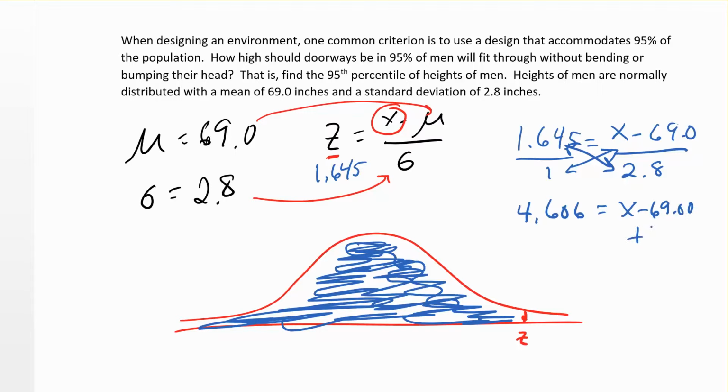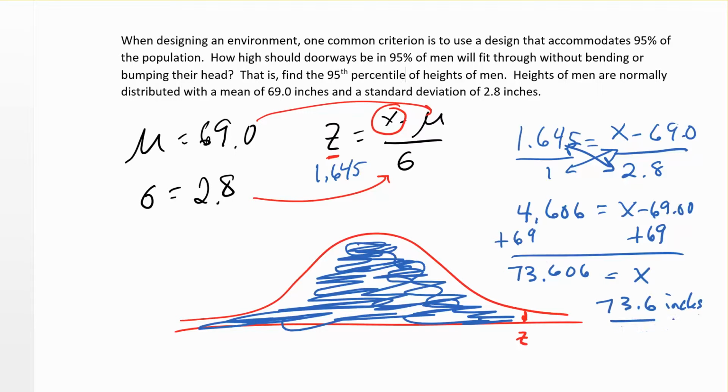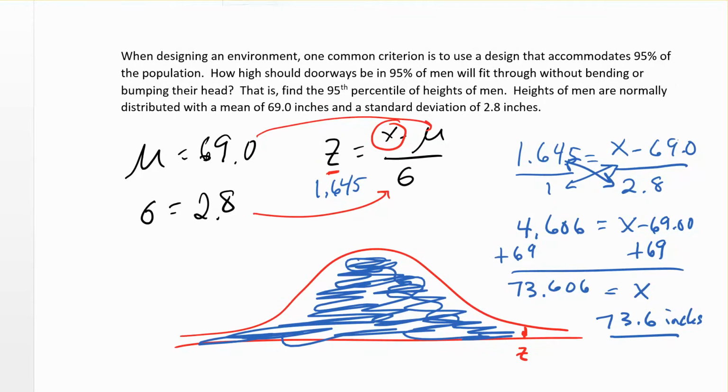If we add 69 to both sides, then we get x to be 73.606. Let's go ahead and round that to 73.6 inches. So 95% of the men are going to fit through a doorway that is 73.6 inches.